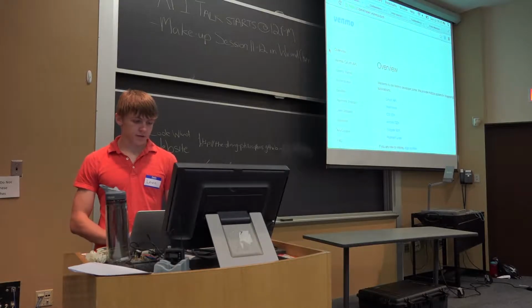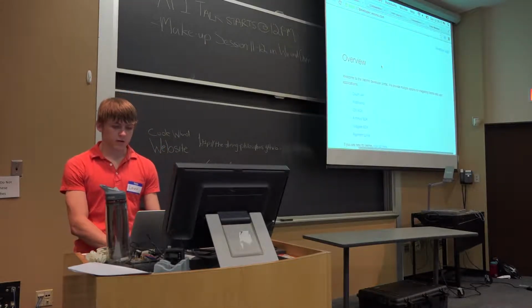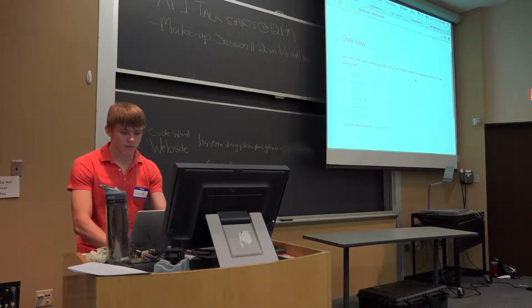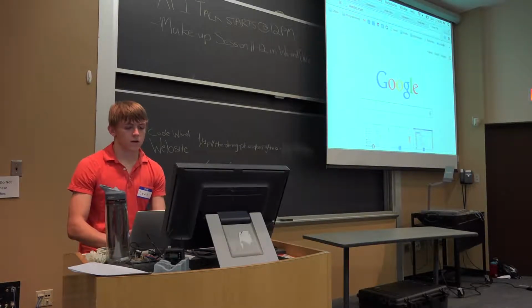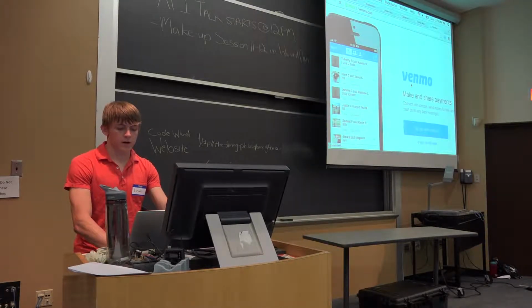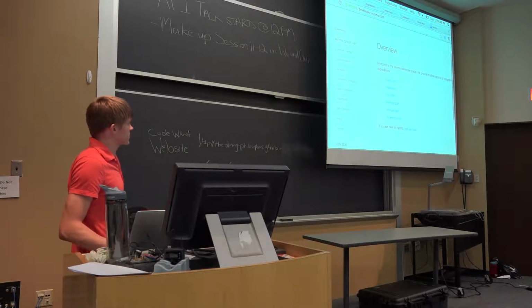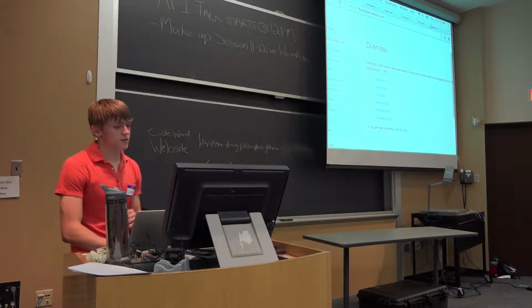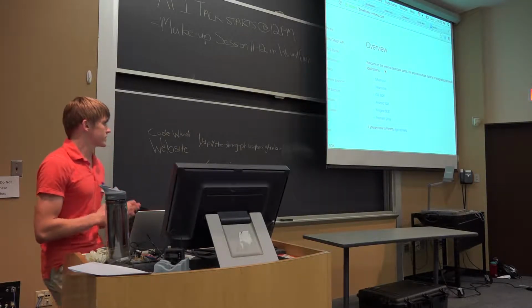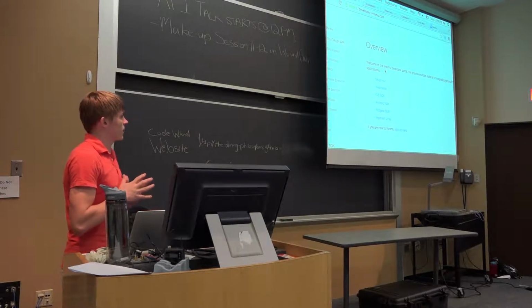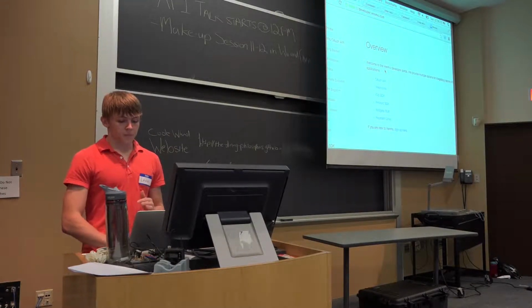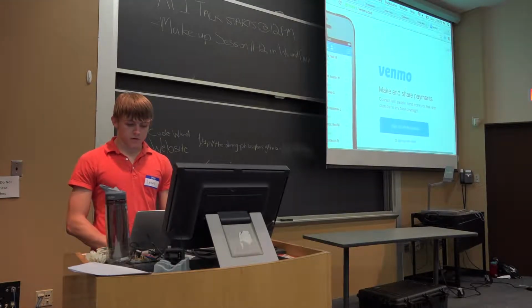First things first, let's go to Venmo and find some details. So Venmo has all of these API documentations, and the first thing we need to do OAuth authentication is a client secret and a client ID. So let me log in real quick.